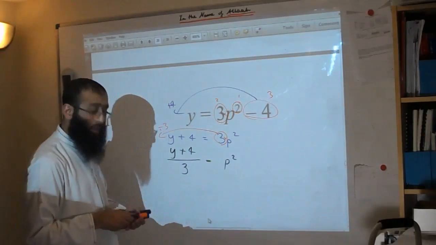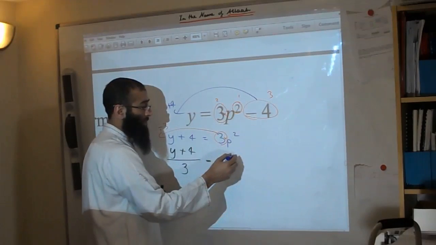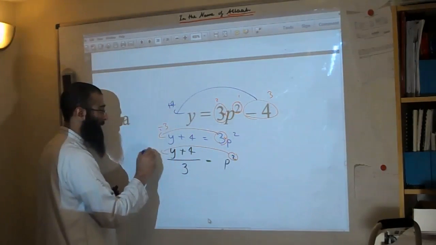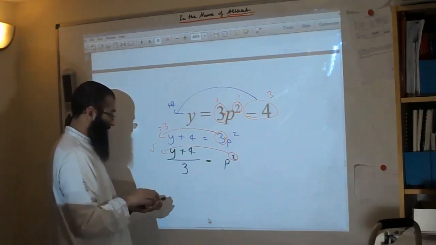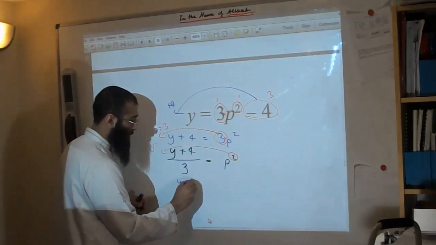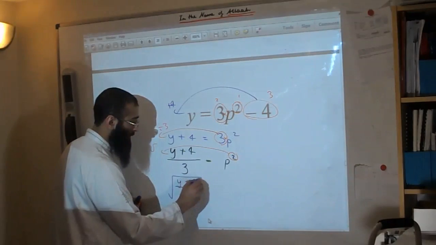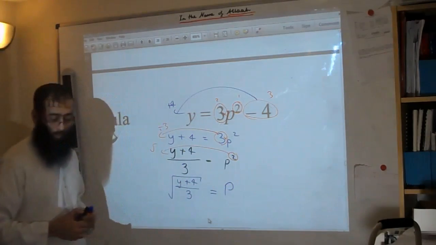And now we are left with the first action, which was the squared. So that moves last. The opposite of squared is square root. So our final answer is y add 4 divided by 3, and the whole lot square rooted. That will give us an answer of p.